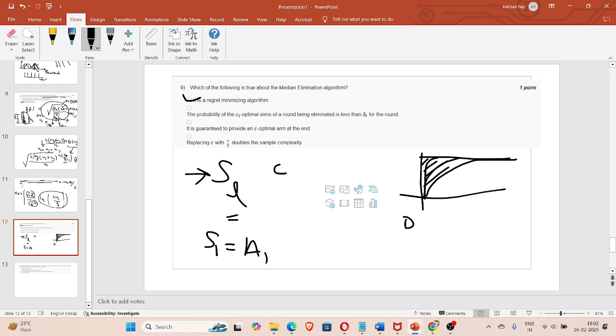This is the initial condition. Next, epsilon 1 is epsilon by 4. That is how they started.